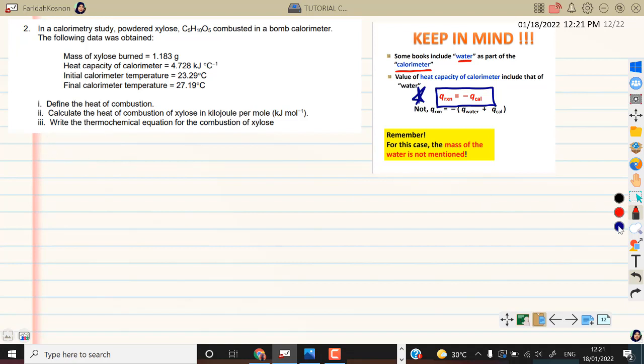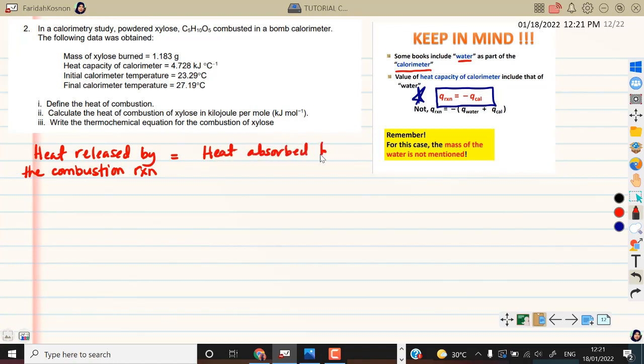Kita boleh tulis, heat released by the combustion reaction, saya buat short form, equals to heat absorbed by the calorimeter.